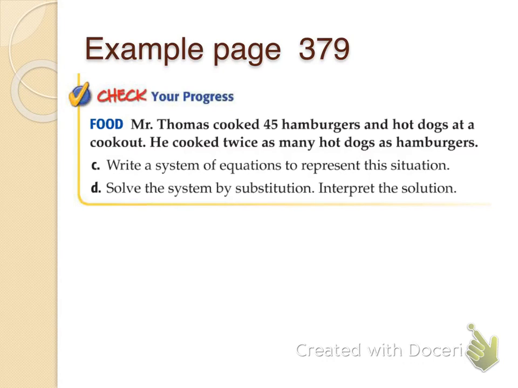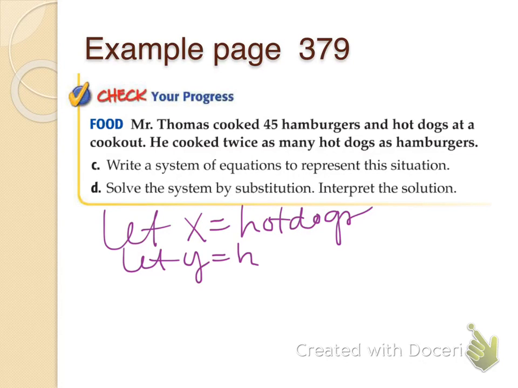Write a system of equations to represent the situation. Mr. Thomas cooked 45 hamburgers and hot dogs at a cookout. He cooked twice as many hot dogs as hamburgers. Okay, so I'm going to let x equal hot dogs, and I'm going to let y equal hamburgers. Alright, I know that he cooked a total of 45.